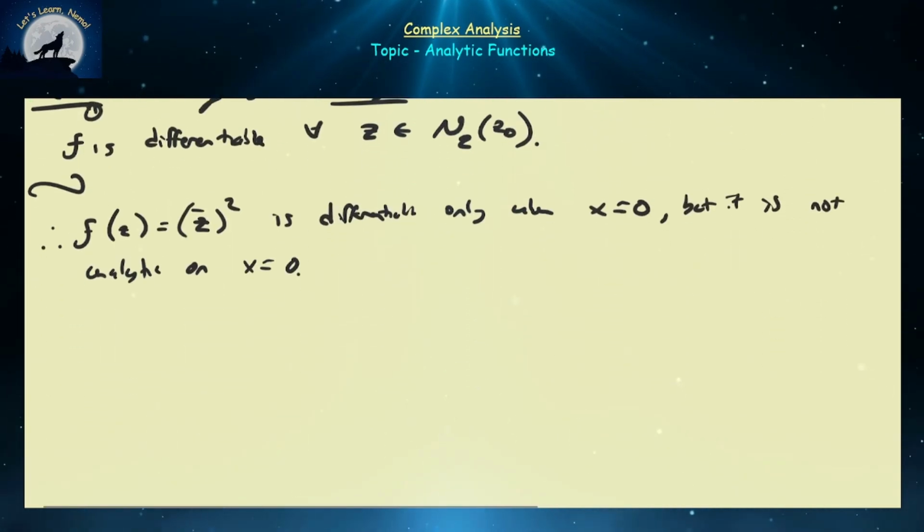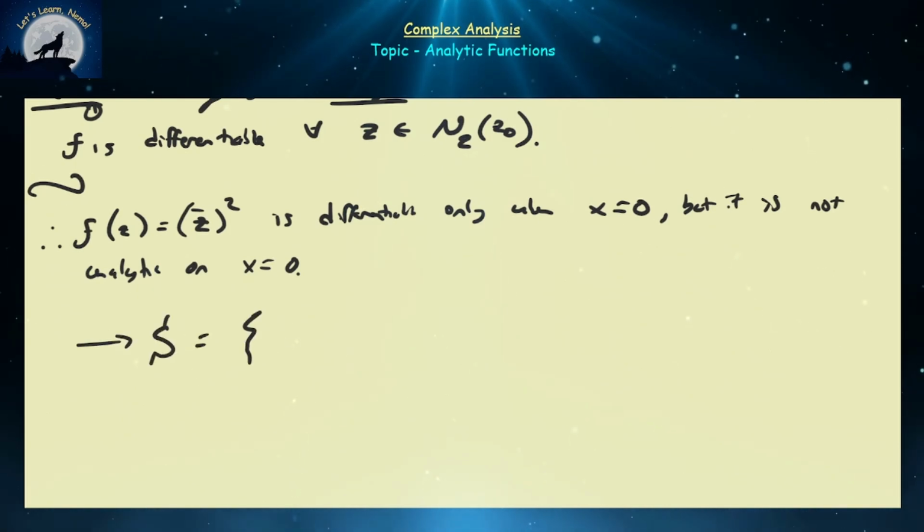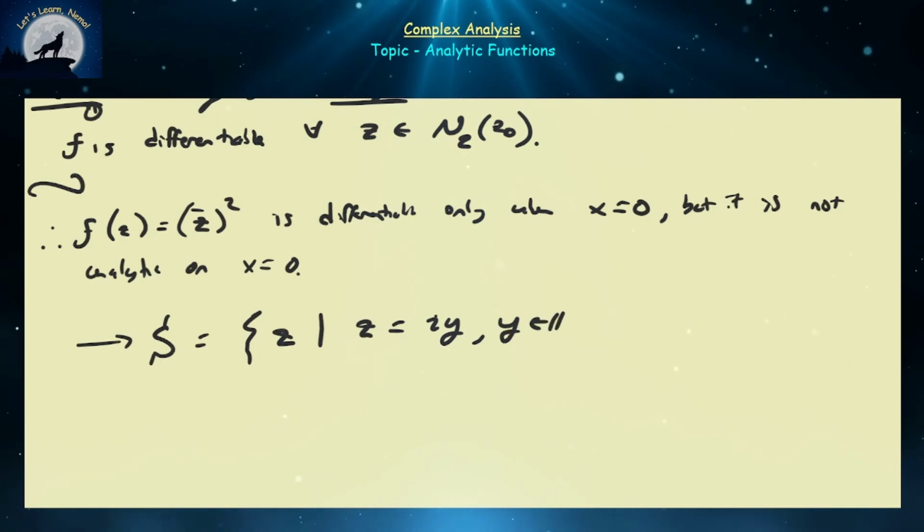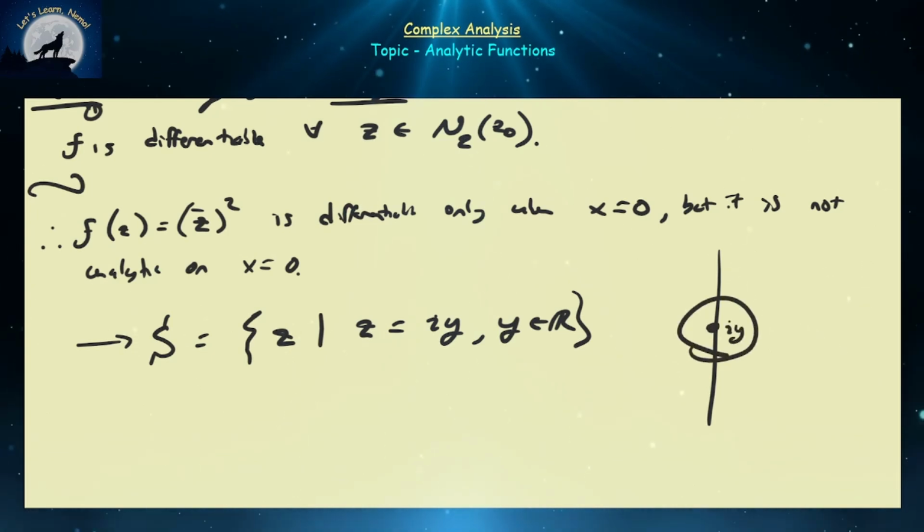And why is that the case? Well, if x is equal to 0, that means y is a free variable. So that means the set of all points on this particular set S is of the form z equals iy, where y is a real number. But if we were to draw a vertical line centered at some particular point iy, and draw a circle around it, notice that there's going to be some points inside of that neighborhood that have a real part that is non-zero, right?